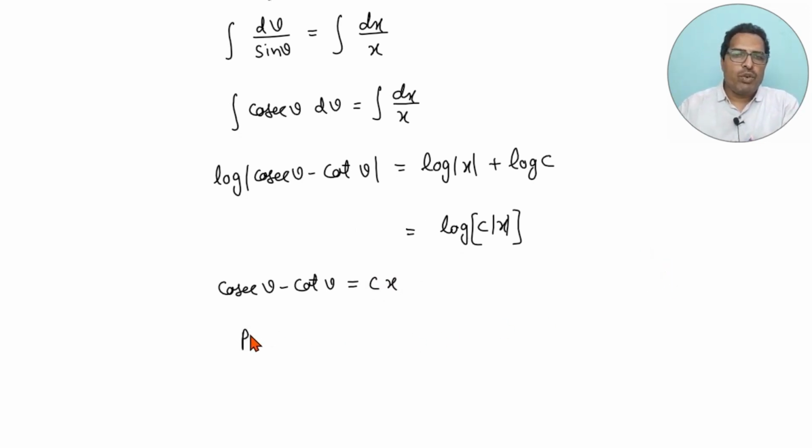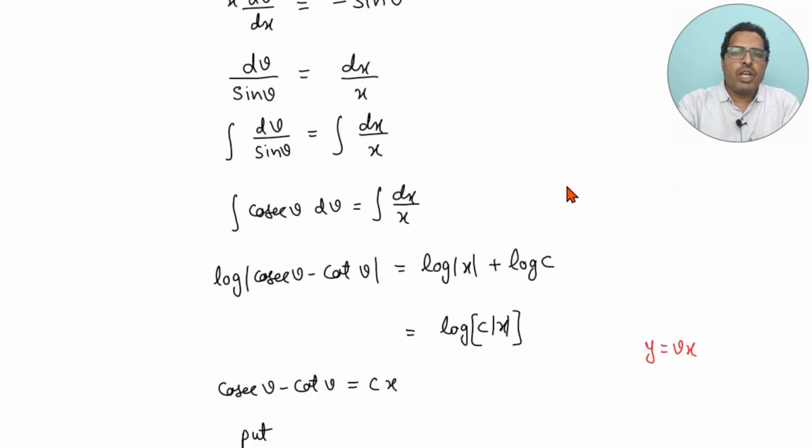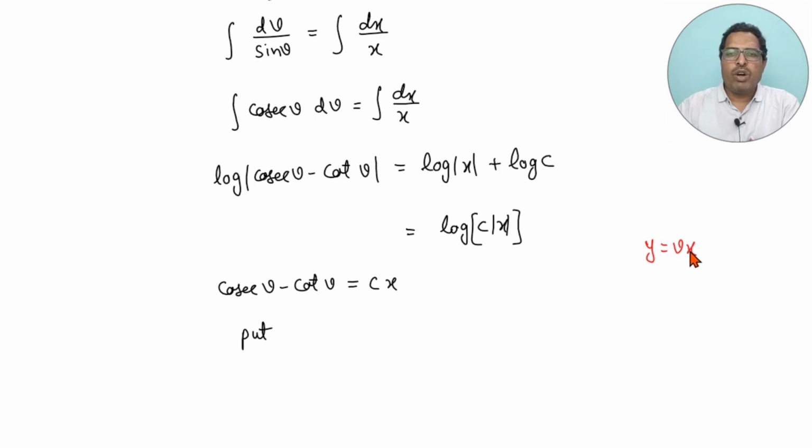But what is the value of v? Initially we took y equal to v times x, so from here v is equal to y by x.